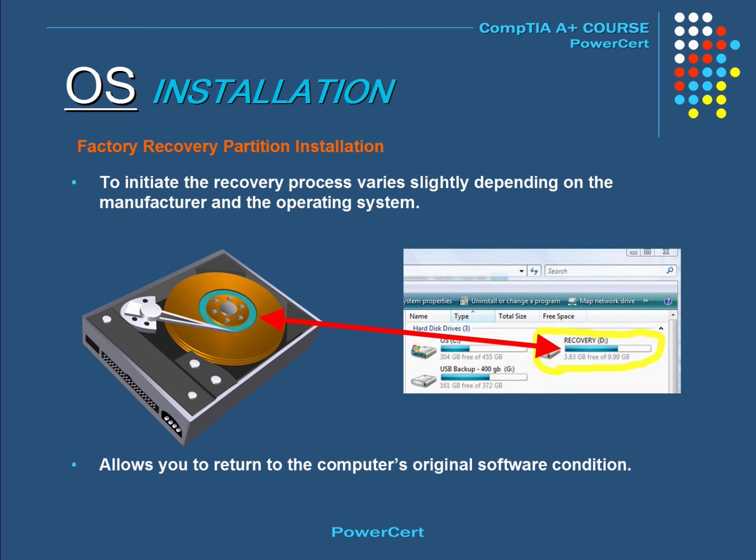To initiate the recovery process by accessing the recovery partition varies slightly depending on the manufacturer and the operating system. So typically, as soon as you turn on your computer during the boot process, you may see a message on your screen prompting you to press a certain key on your keyboard, like F10 or F11, to start the recovery process.